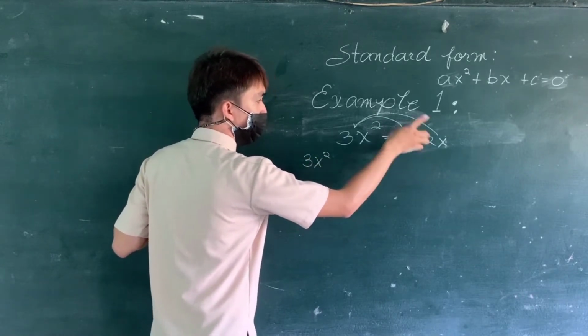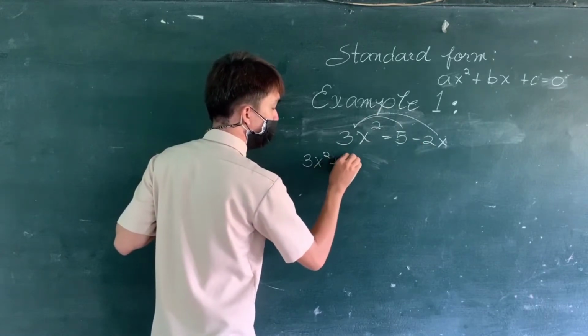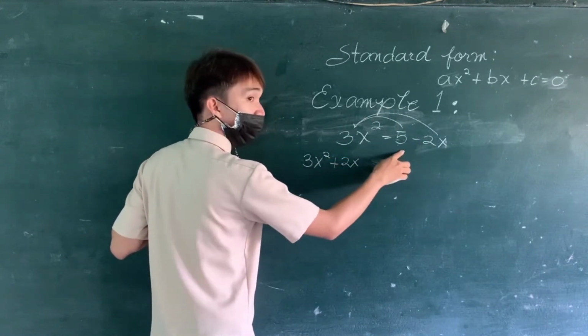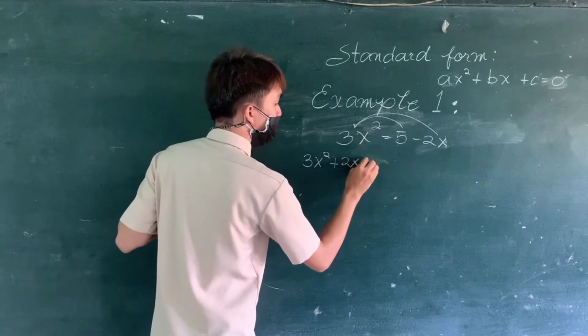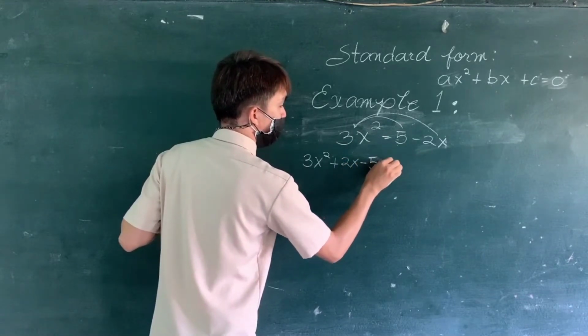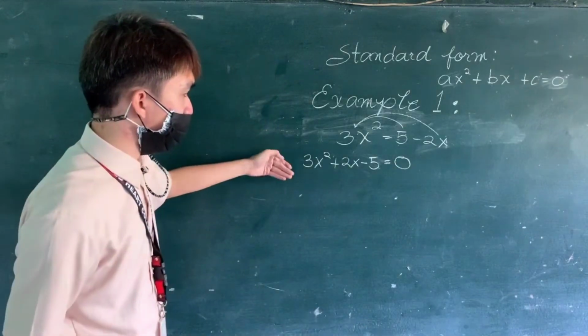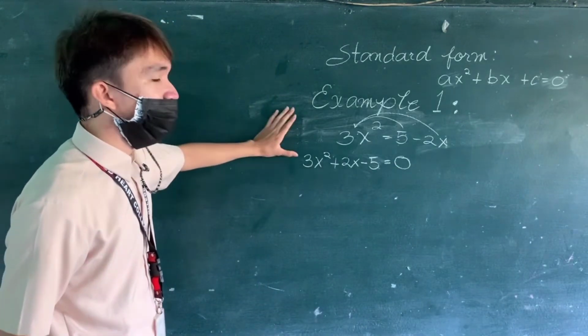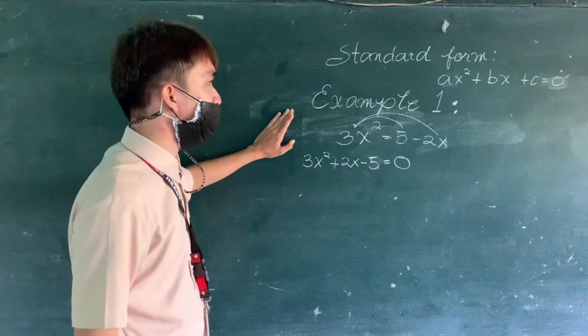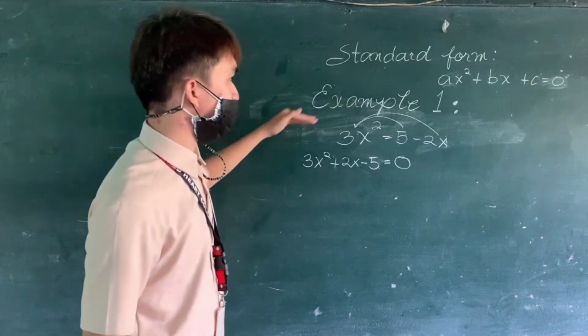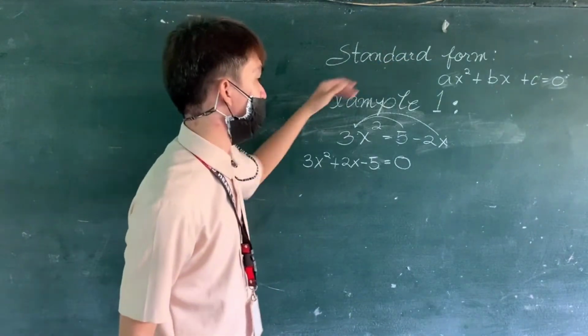Negative 2x will become positive 2x. And positive 5 will become negative 5. That equals 0. So as you can see, our quadratic equation is now in standard form. They are the same now, right? Yes, they are the same.